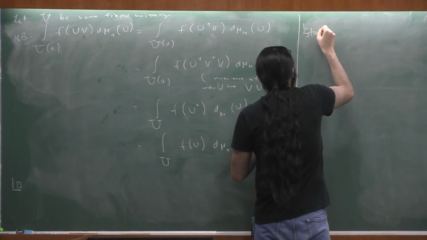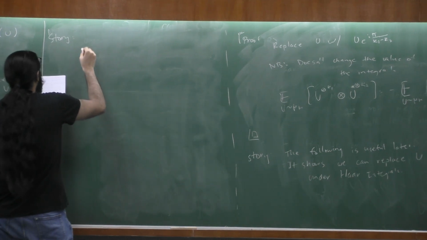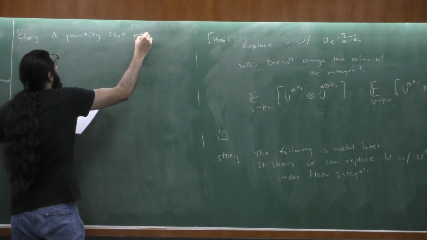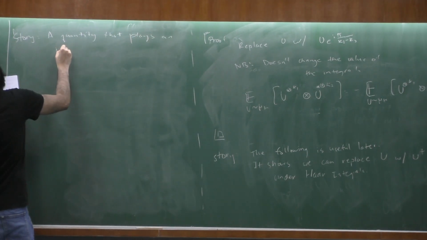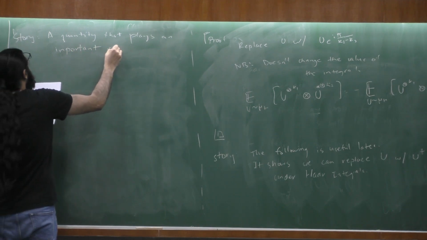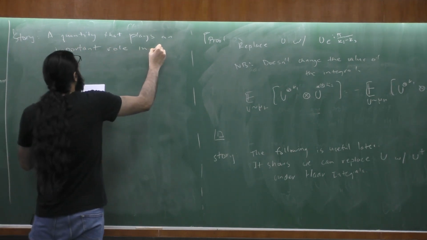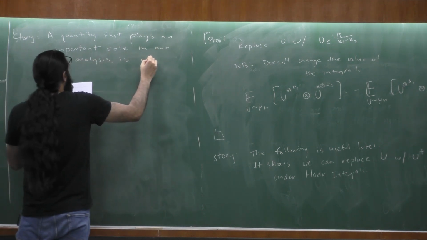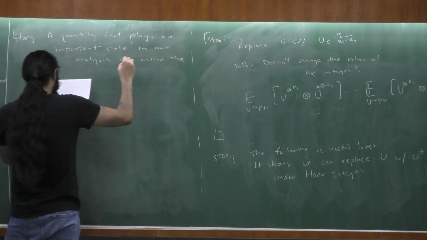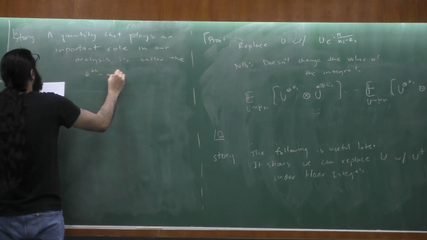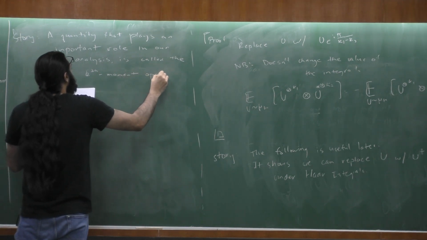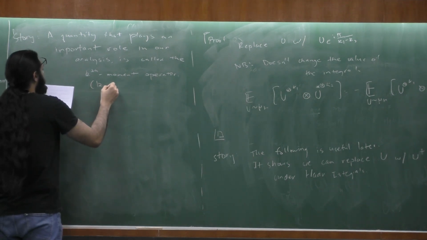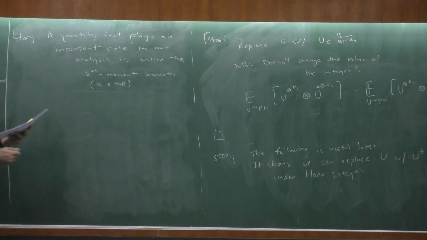Okay, so now we're going to introduce a new object, a quantity that plays an important role in our analysis. It is called the kth moment operator. Okay, and k is a natural number, right? So what is the quantity?